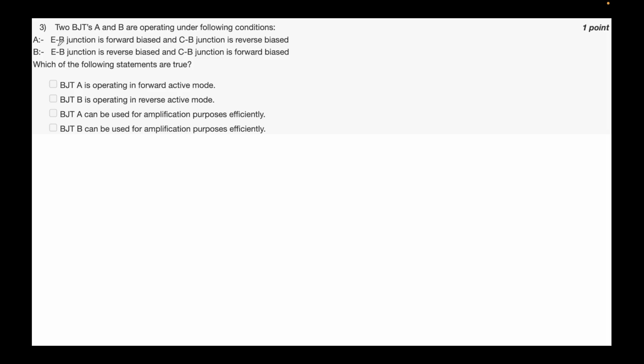BJT A has the emitter base junction forward biased and collector base reverse biased. On the other hand, BJT B has emitter base forward biased and collector base forward biased, and we have to identify the correct statements, and this question may have more than one correct option.